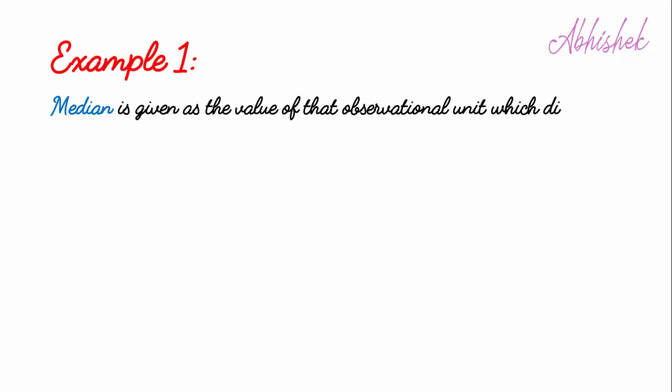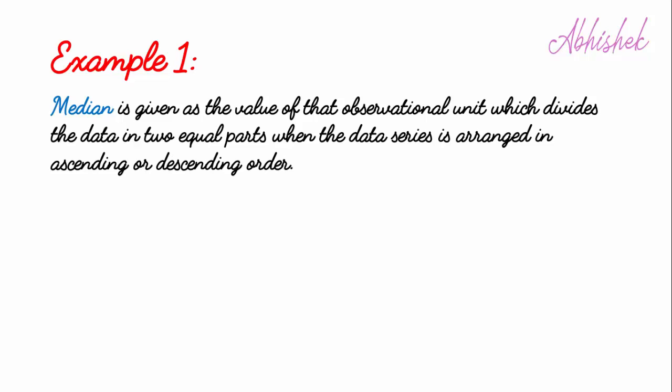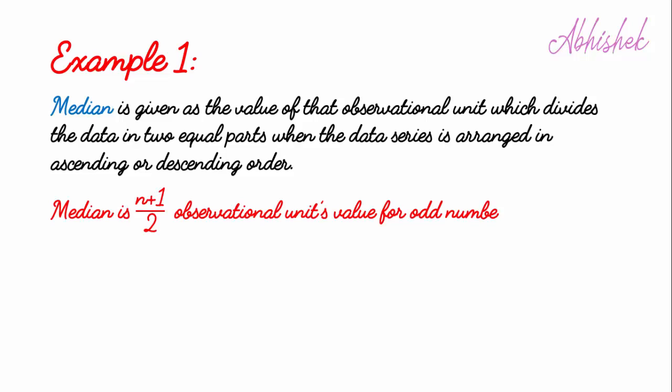Median is that observational value that divides the data into 2 equal parts when it is arranged in an ascending or descending order. In this case, the data has an odd number of readings, that is 7. We have to remember that the median is calculated by the n plus 1 by 2 value. We first arrange our data in ascending order.